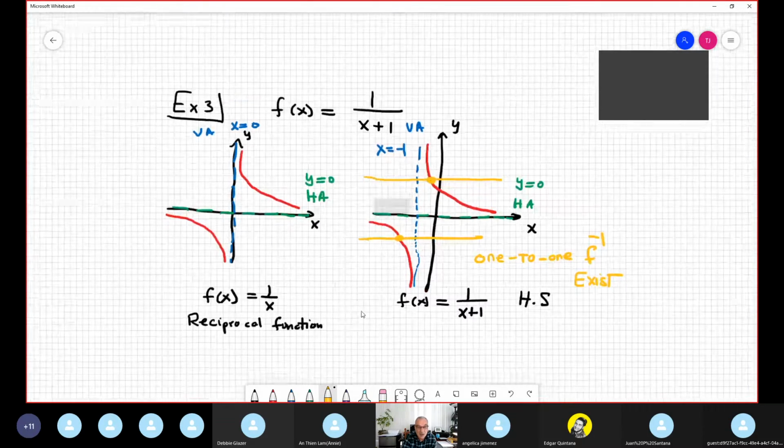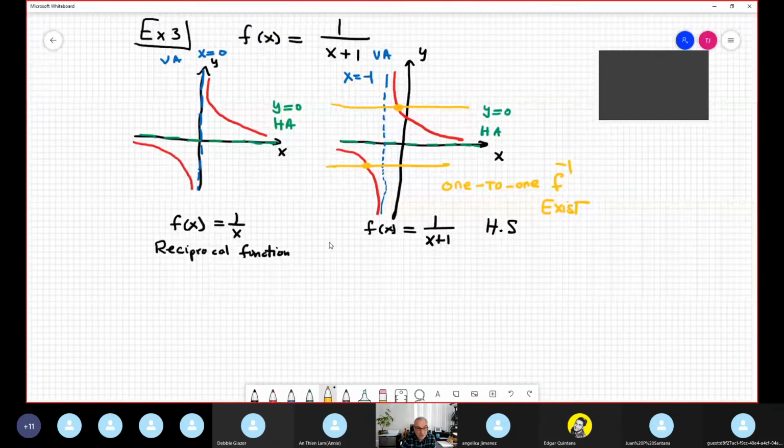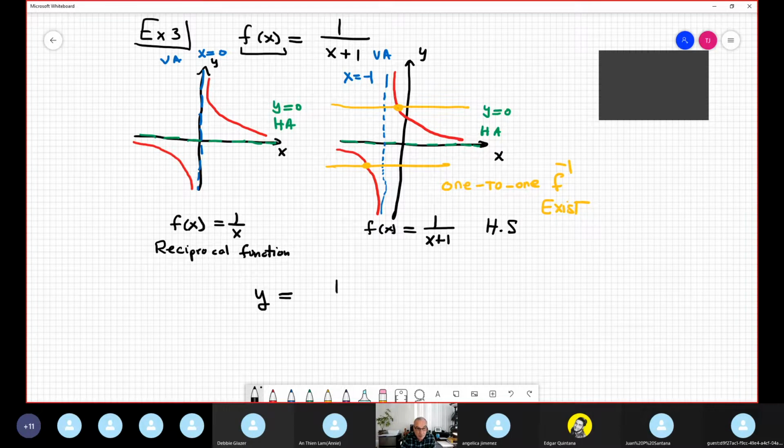Just determine the new equation for the inverse. Okay, let's do it. Remember, it's easy. You replace f of x for y. Okay, you interchange x and y. Now we have x equals 1 over y plus 1.